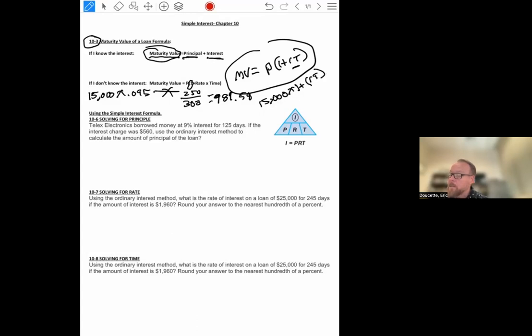So that's how we do it. What's rate times time? In this case, 0.095 times 250 divided by 360. That's the first thing we would figure. That comes out to 0.065972.